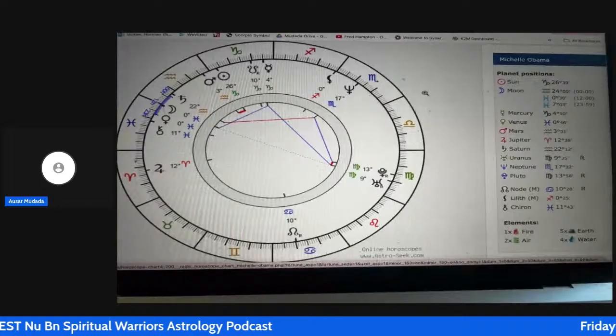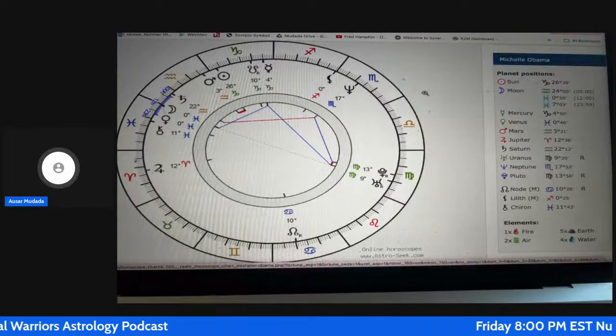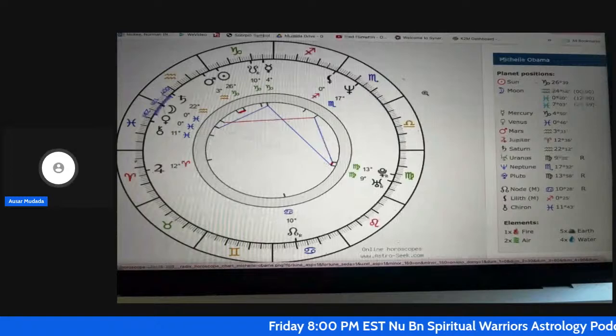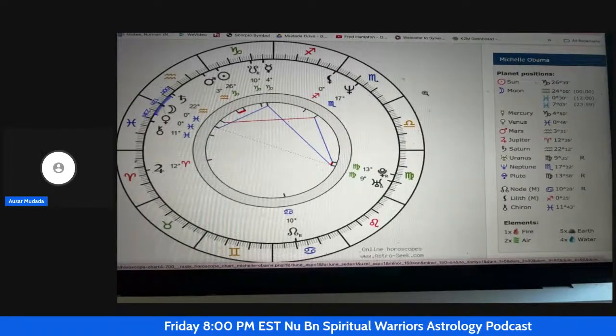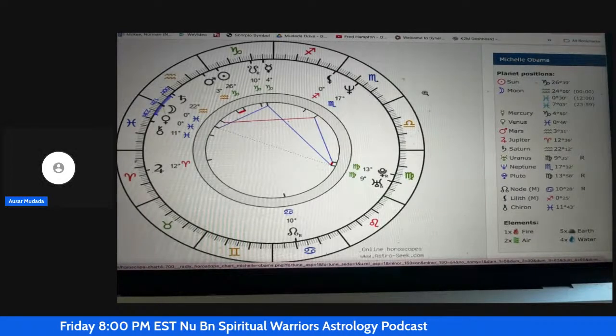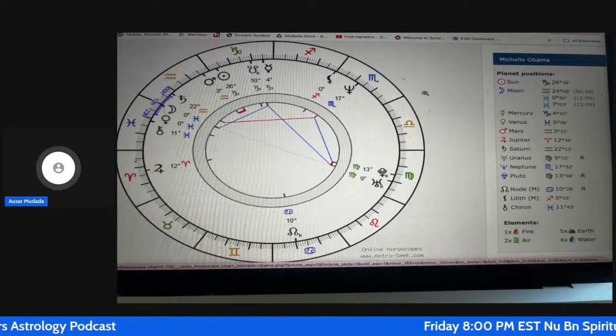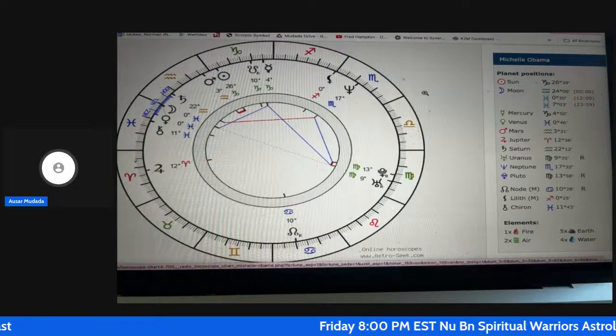And while you're doing that, since we were talking about the 12th house too, give me one word about the 11th or the 12th house. Either one you like.